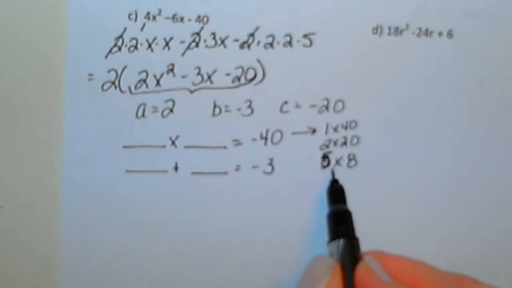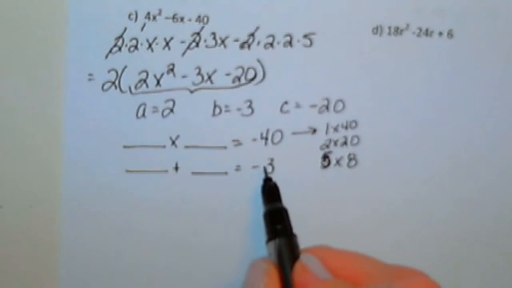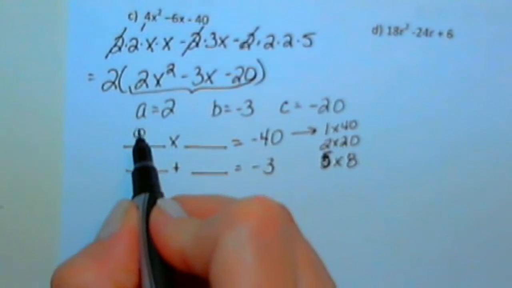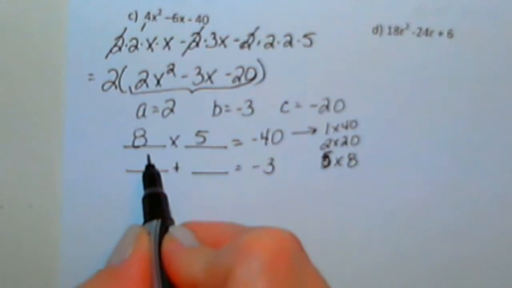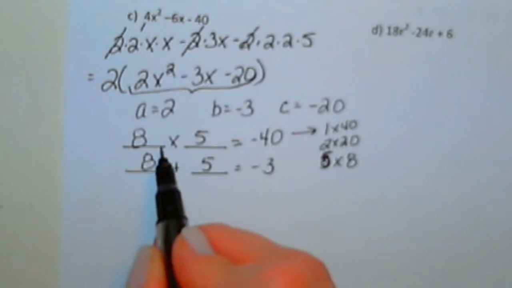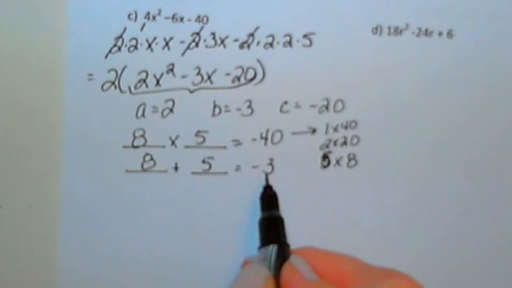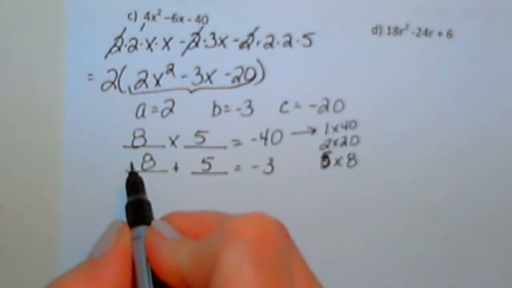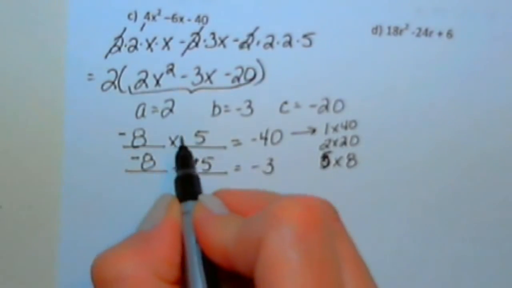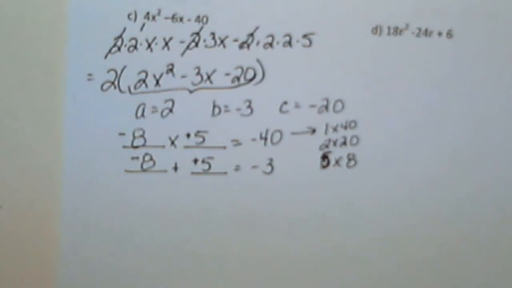And right away I notice here that if one of these were negative, they would subtract to be 3. So this is what I'm going to start with then. I have an 8 and a 5. And I know that when these two are combined, I want them to combine to be negative 3, which means that this one needs to be negative and this one needs to be positive.